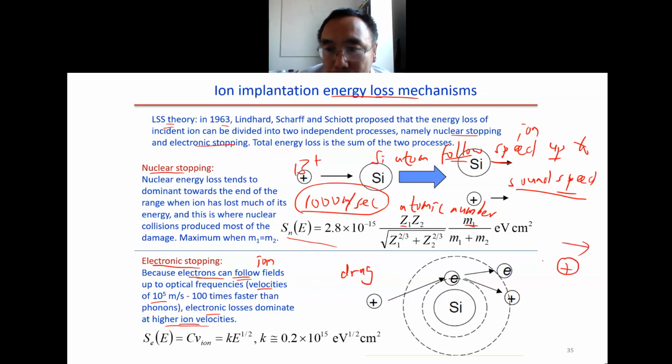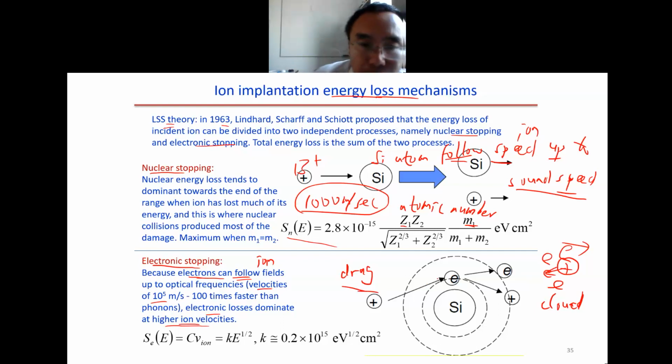There will be a lot of electron cloud following the fast moving ion. So the electrons will drag the ion back. This is how the energy is lost to the electrons.